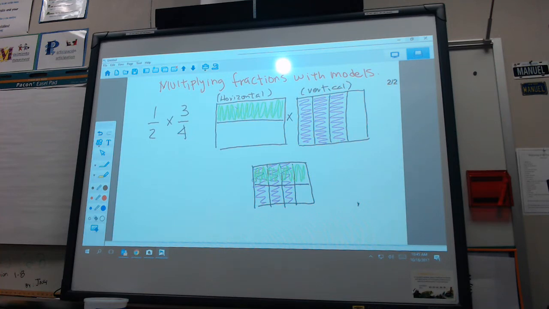Alright, guys, I need everybody to look at me. I'm looking around at your papers and I noticed that some of you did a good job, but some of you painted a color with the same color. Some of you colored with 4 different colors, and that's not really going to work.